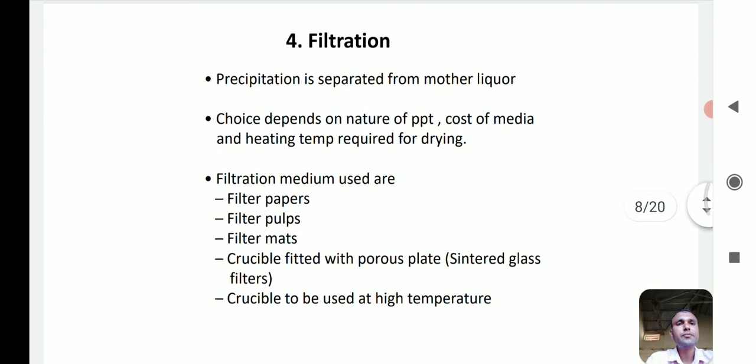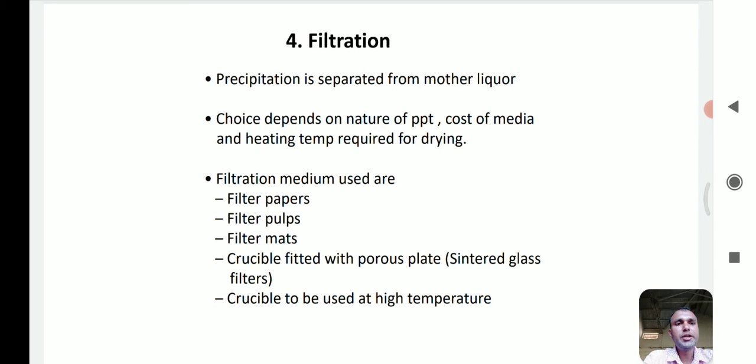Next step is the filtration step. In this, the precipitate is separated from the mother liquor by filtration. The choice depends on the nature of the precipitate, cost of the media, and heating temperature required for drying.